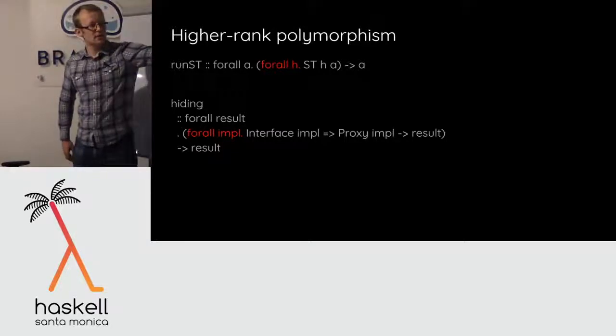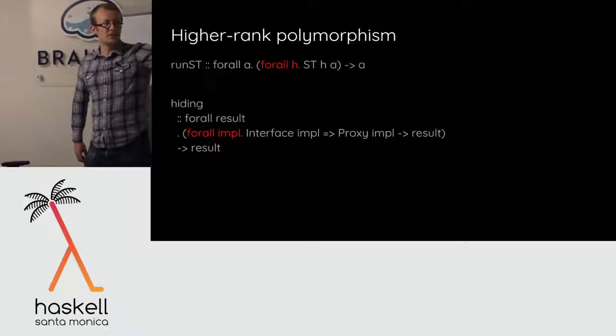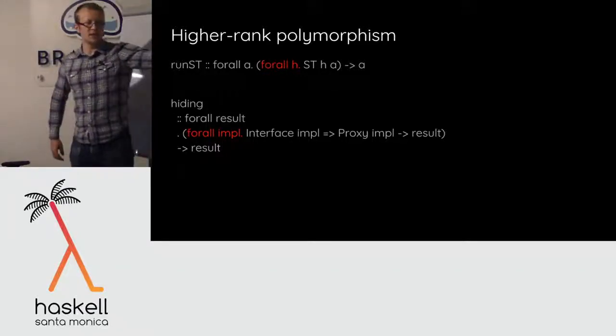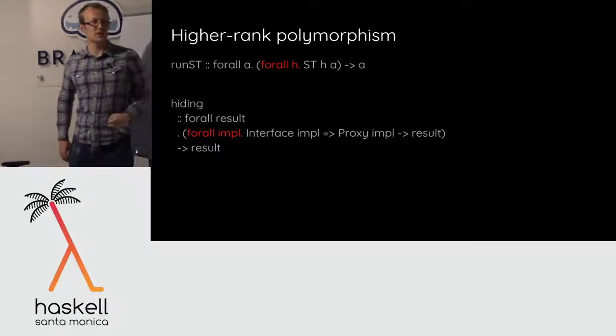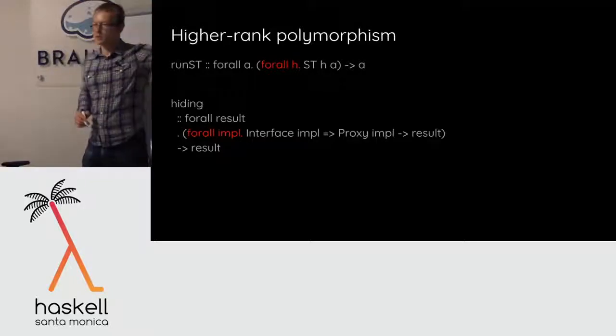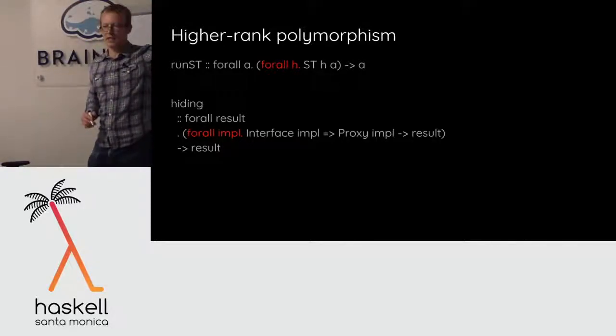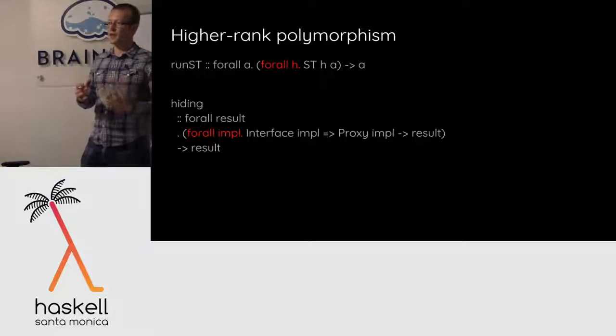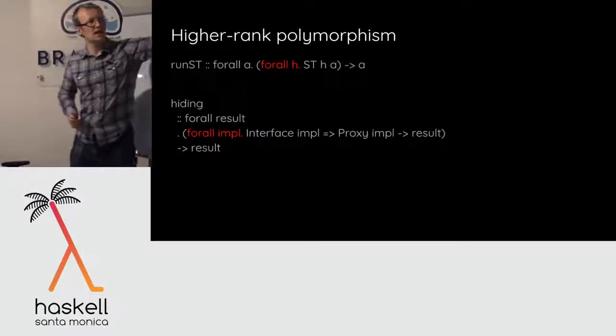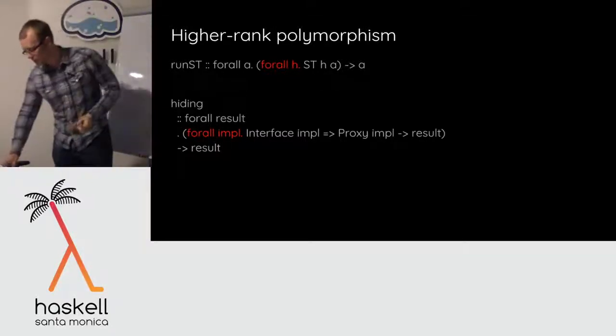And here I said this is safe, or the implementation is hidden, because you had to work with any implementation, right? Your function had to work for all implementations. So I need some way in the type system to represent the fact that this implementation type is some hidden thing, or this heap is some hidden thing that you're not allowed to leak into the surrounding context.